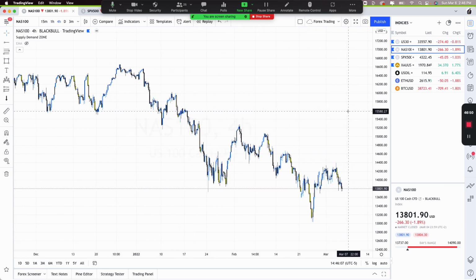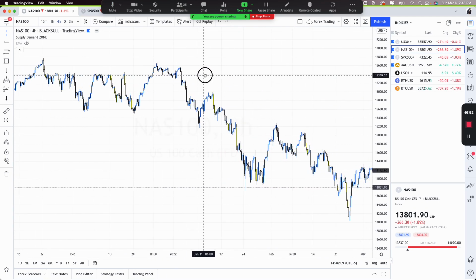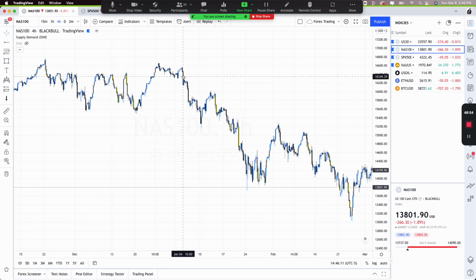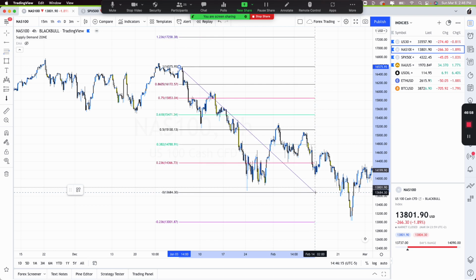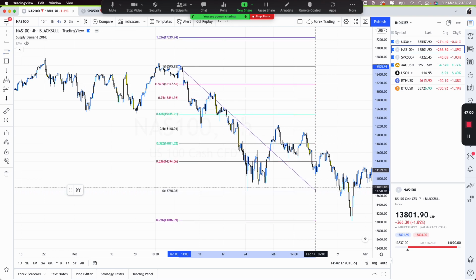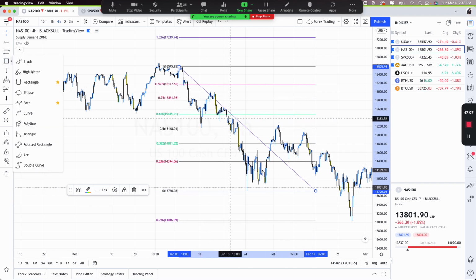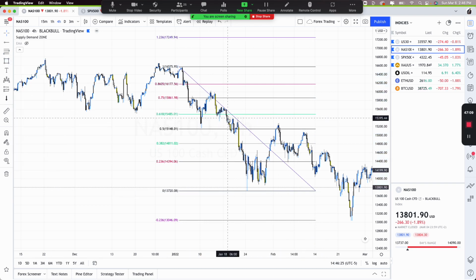We went. We can take it from here to here. Here is our banker's candle.